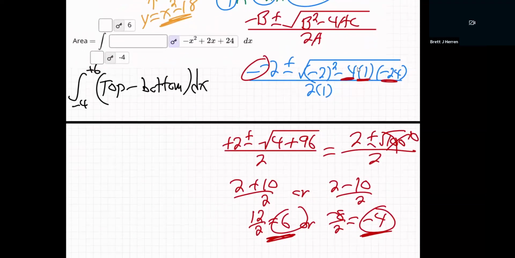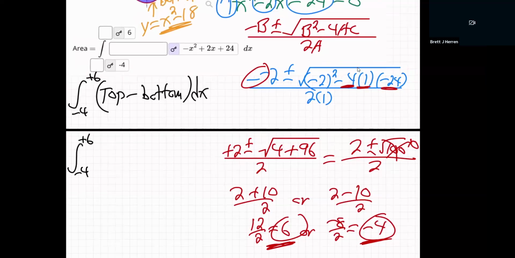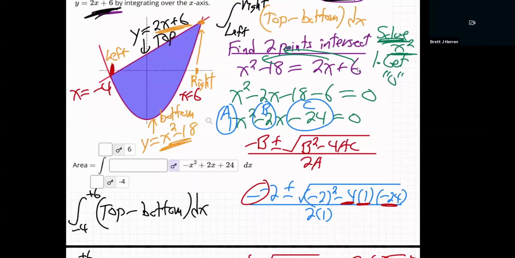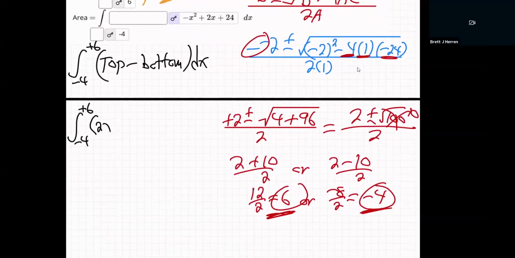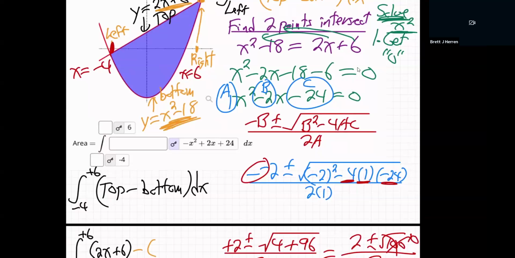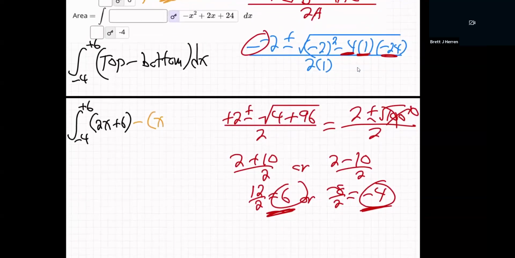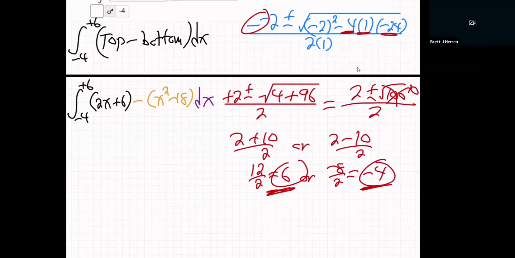So we're saying, all right, integral from -4 to +6 of the top function, again, the top is the 2x plus 6 up here, minus the bottom function here, x squared minus 18, and then dx.